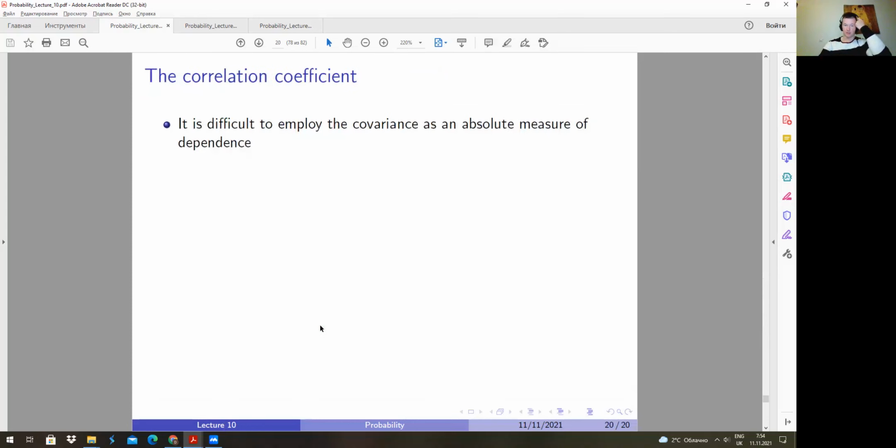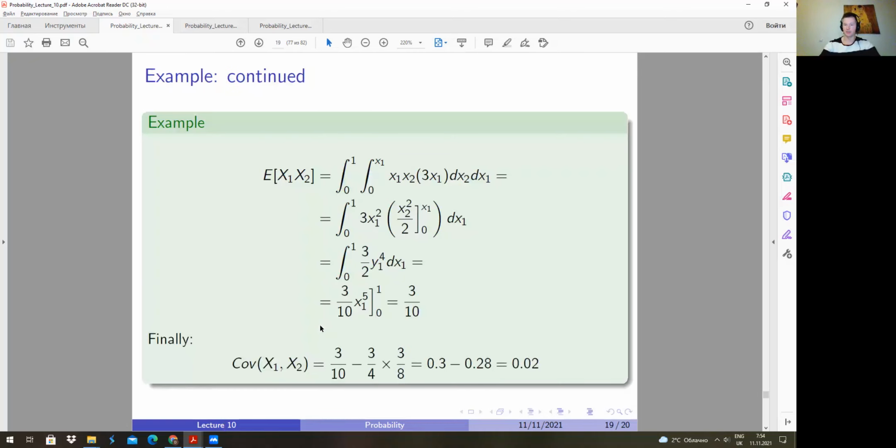So now, what is the problem with the covariance? The most important problem, it is difficult to use the covariance as an absolute measure of dependence. Why? We don't know the strength of this dependency using covariance. We don't know whether this 0.02 is large or small number relative to the values of these random variables.